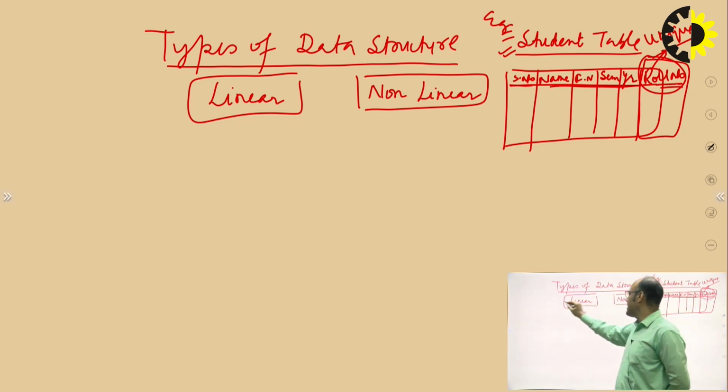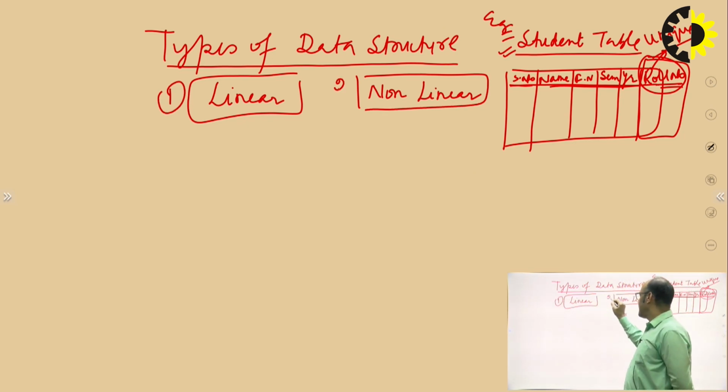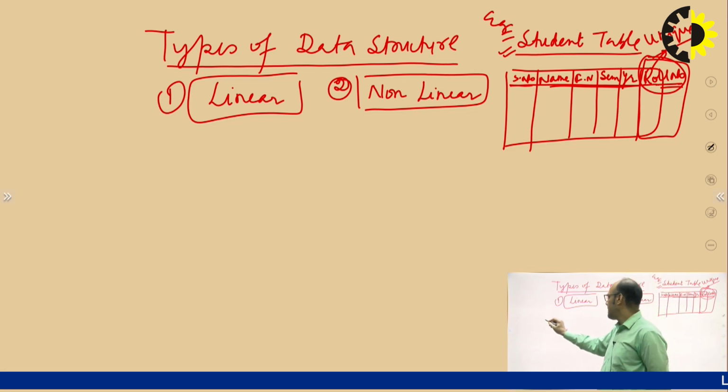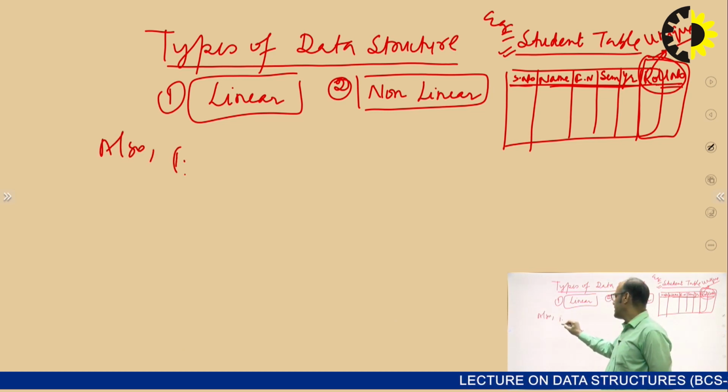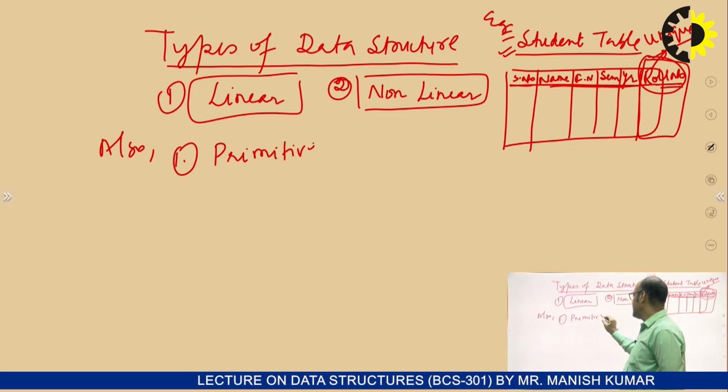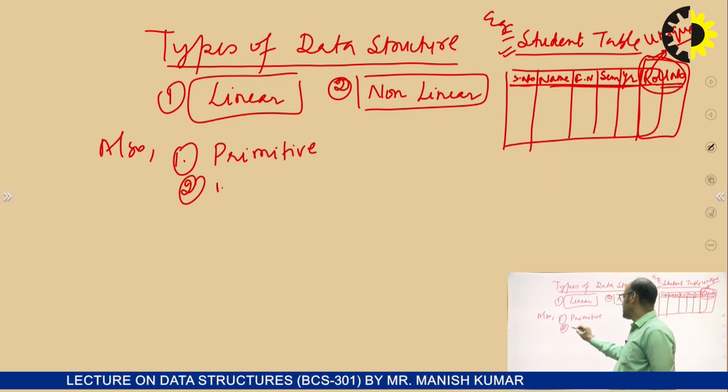Some texts also differentiate another parameter of types of data structure, that is primitive and non-primitive. There is another classification called primitive and non-primitive data structure.